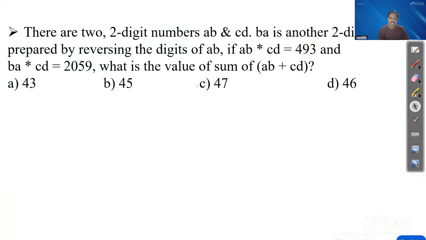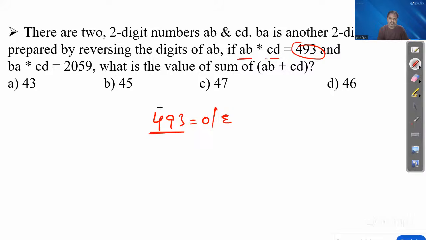So by multiplying two numbers, we don't know A, B and C, D. By multiplying two numbers, I am getting 493. 493 is an odd number.